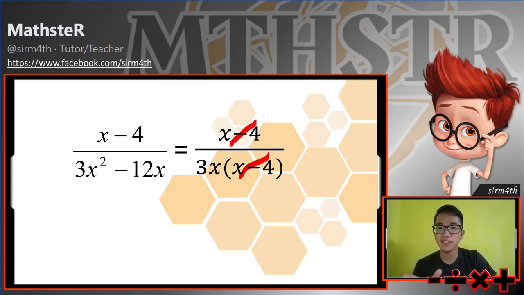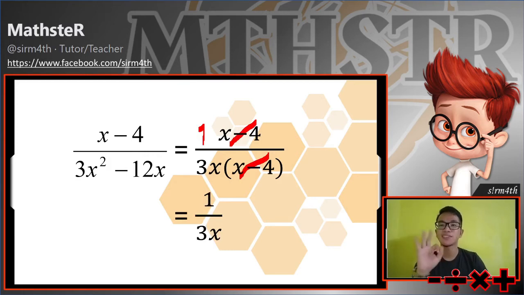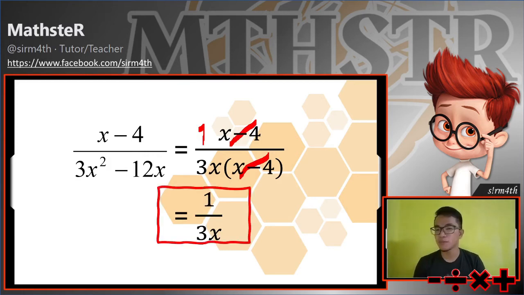Kung na-cancel na natin yung x minus 4 sa numerator at yung x minus 4 sa denominator, ang numerator natin ay magiging 1 na lang. Kaya naman, ang possible final answer sa kanya is 1 over 3x. So, the simplified form of x minus 4 over 3x squared minus 12x is equal to 1 over 3x.